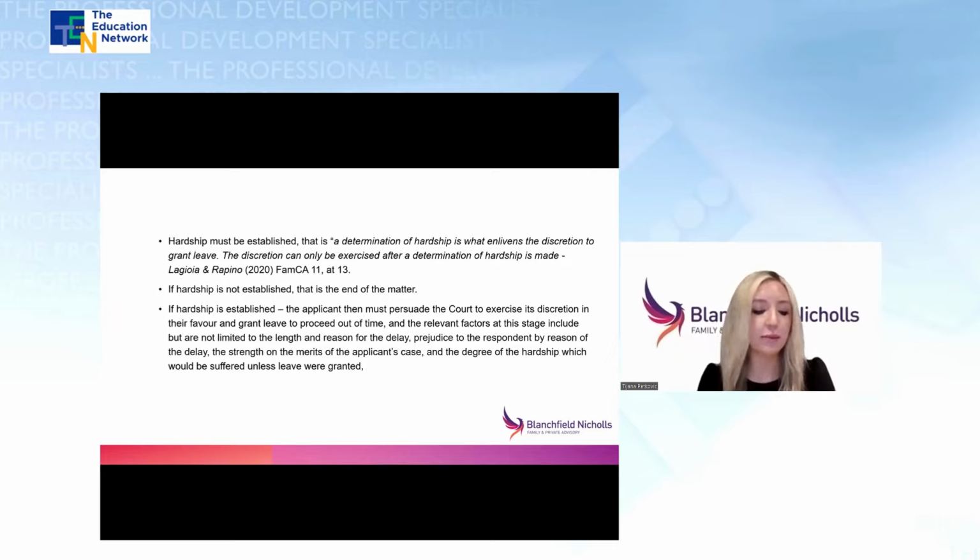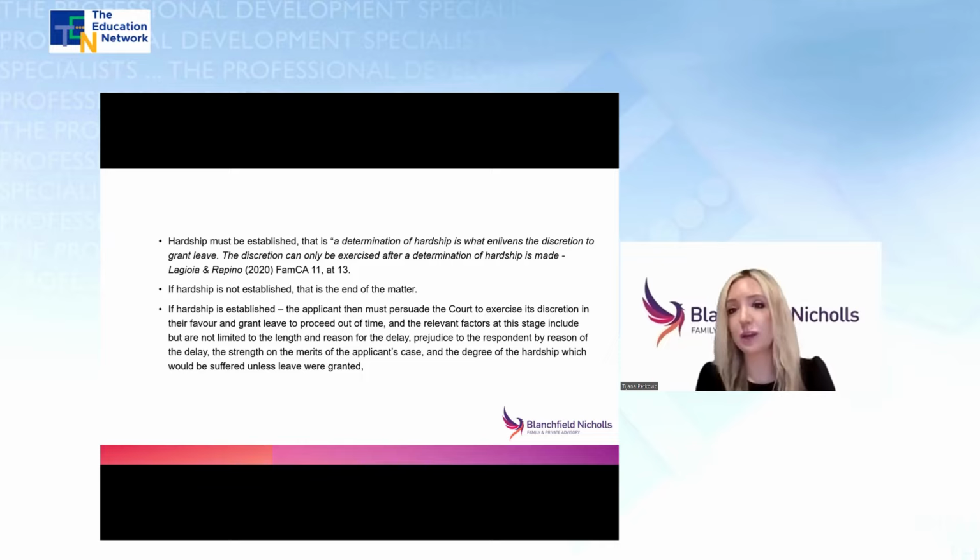However, if the court is satisfied that the applicant or a child would suffer hardship, then we progress to the second question. And that question is whether, in the exercise of its discretion, the court should grant leave to institute proceedings out of time. So the discretion can only be exercised after a determination of hardship is made.